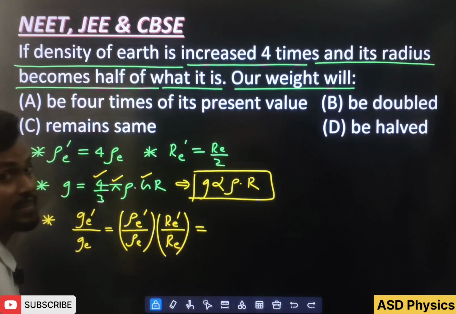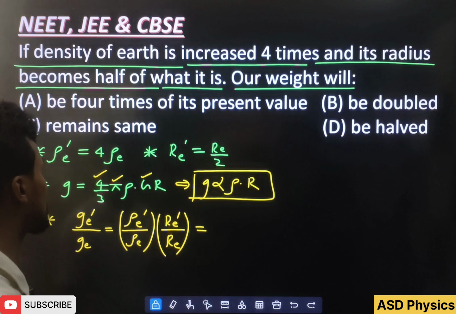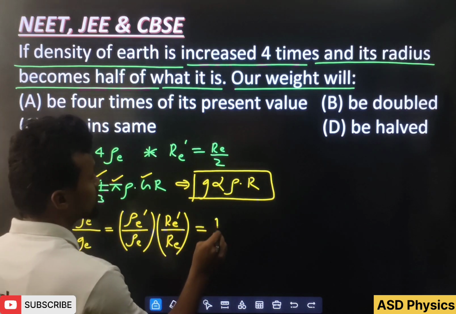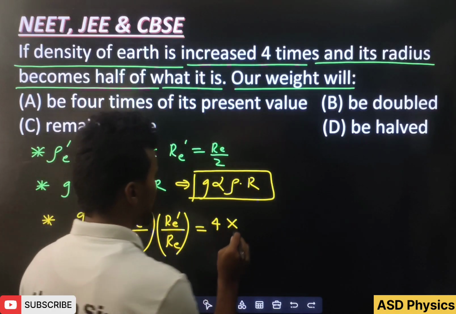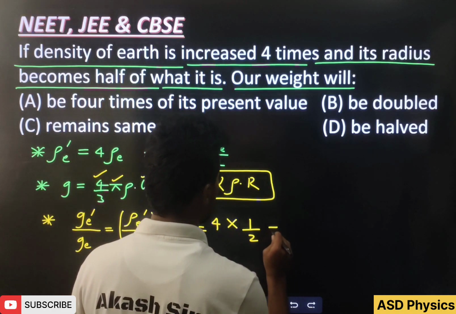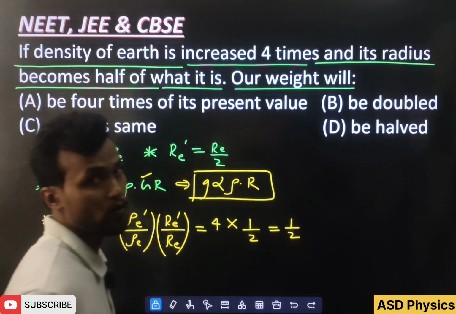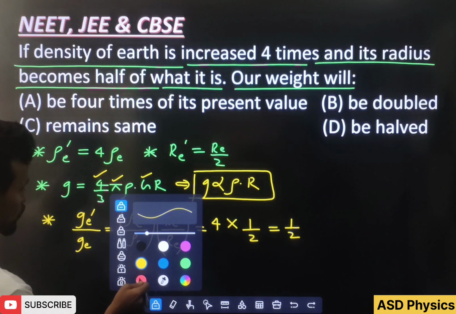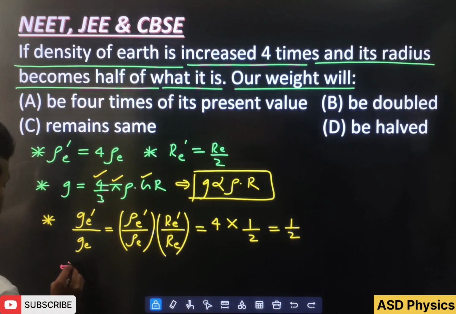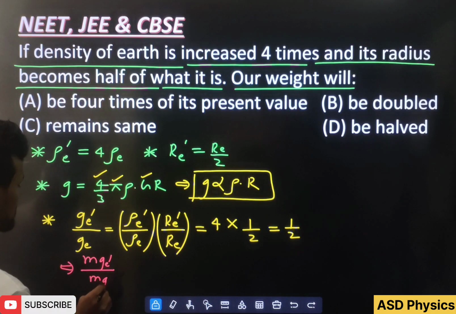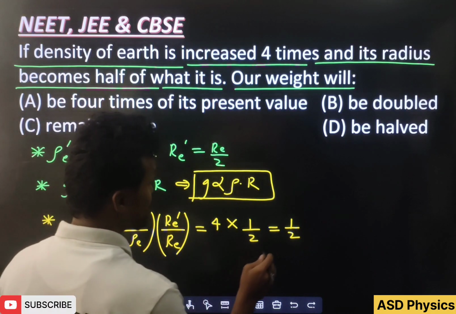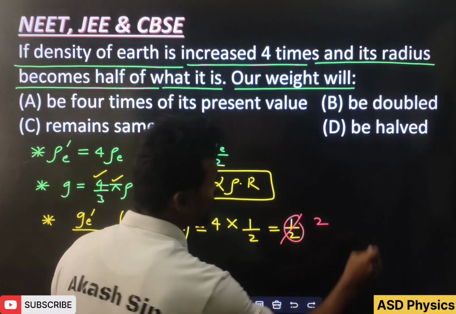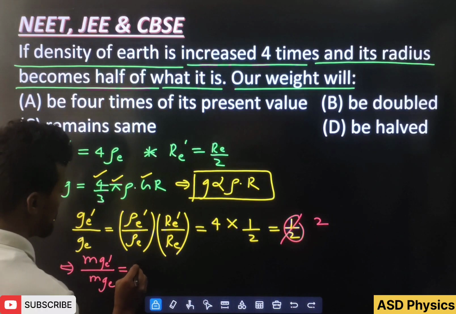Now what is happening? The density is becoming 4 times, so rho e dash by rho e means 4. And re dash by re is 1 by 2. So 4 into 1 by 2 will become 2, not 1 by 2. After that, I am just going to multiply with the mass of the object, so mge dash by mge is equal to 2.